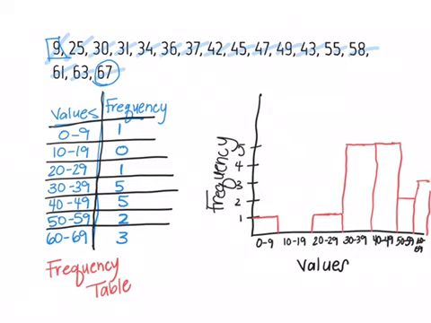So this would be your histogram to represent the data set that I gave you. This space here where you have no bar is called a gap in the histogram. Sometimes you will have those, sometimes you won't. But they only occur if you have a frequency of 0 for one or more of your bins.